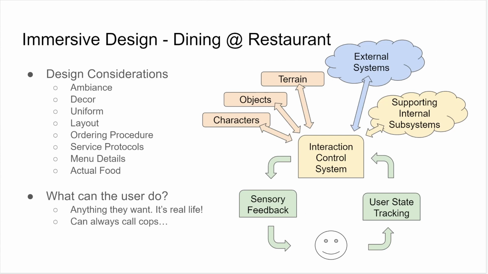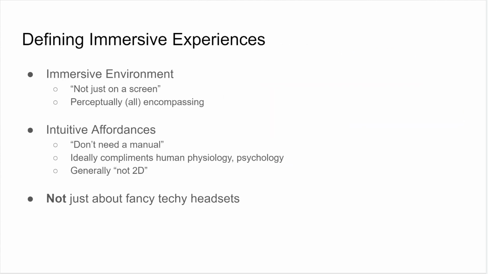If we go back to our definition of what an immersive experience is, the restaurant meets the requirements, because it's an immersive environment. It's all encompassing. You smell things, you see things, you taste things even. You're not just looking at a screen, it involves all of your senses, and you feel like you're really there, because I guess you are, because this is reality.